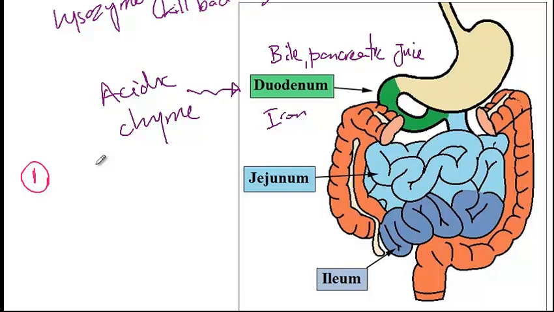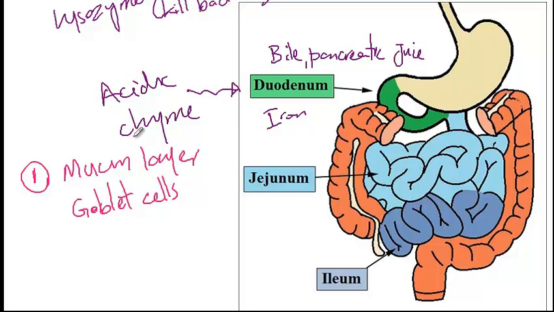Number one is that it produces a mucus layer by goblet cells to protect from digestion. Two, it uses up the bicarbonate from pancreas to neutralize the acidic chyme.